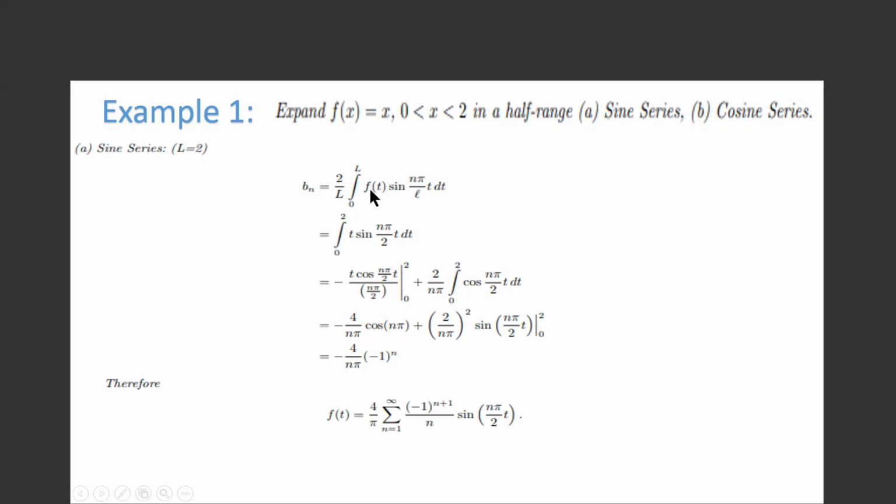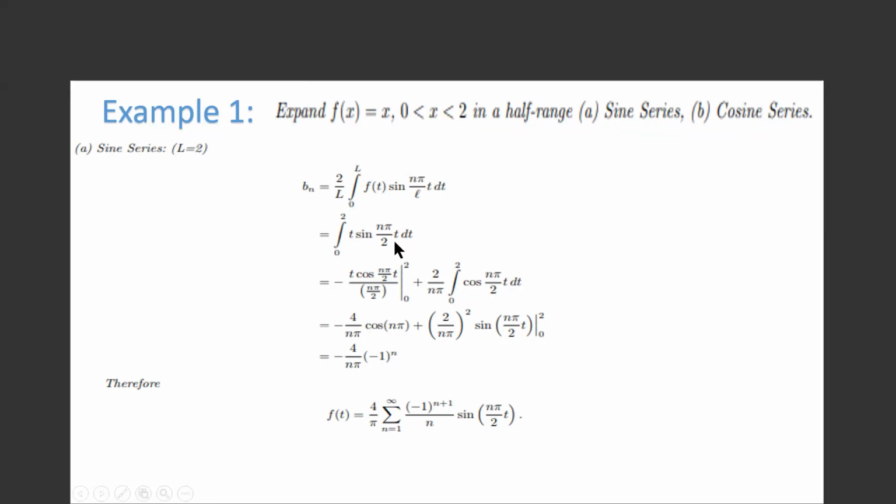Odd times odd, you will have what? An even function, right? If you have an even function, there is no need to integrate from minus L to L. You integrate from 0 to L and multiply by 2. This is the point in the half range. In the half range, you will not find yourself integrating from minus L to L. You integrate from 0 to half of your period and multiply this by 2.